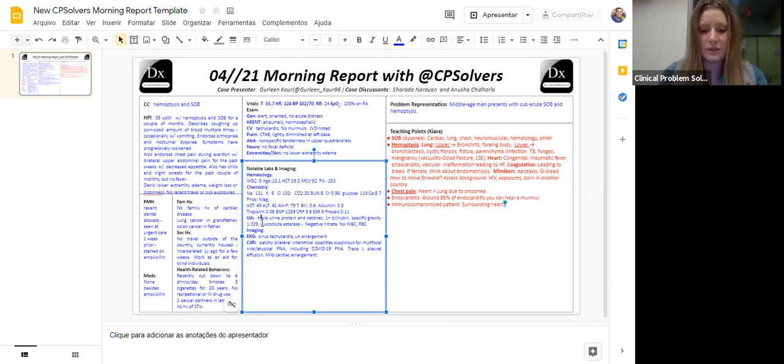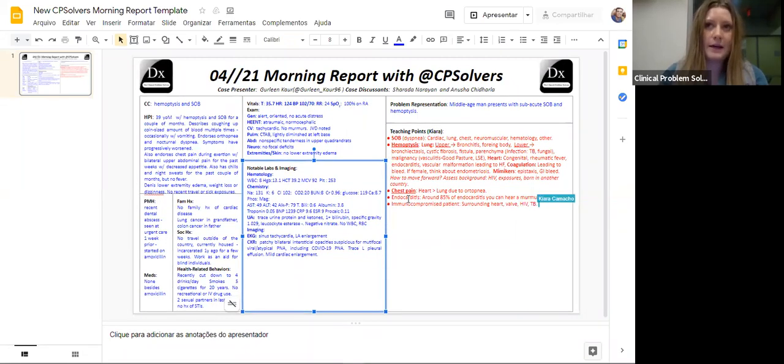You can sometimes see low voltage on EKG, but the lack of it doesn't rule out a large pericardial effusion too. And then I'm still thinking about, could there be some sort of indolent infection there, or some sort of marantic endocarditis, things like that, carcinoid syndrome, rheumatic fever. All that to say is I'm not sure.